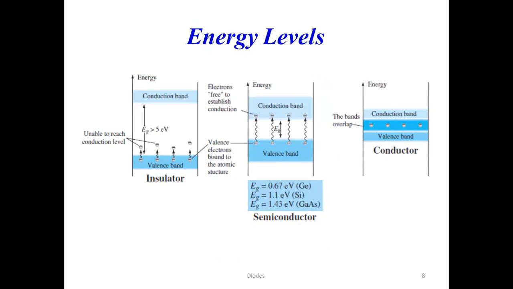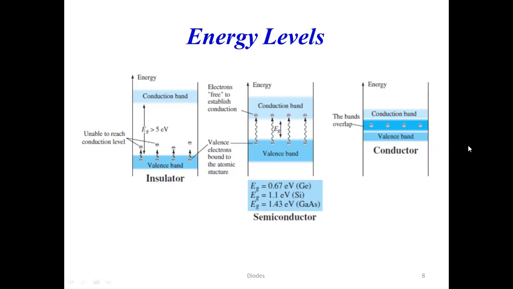If you see the energy level diagram for insulator, then this is the valence band, and here is the conduction band. A gap between the conduction band and valence band is known as energy gap, denoted by Eg. And see this gap carefully. This gap is too large. It is more than 5 electron volt.